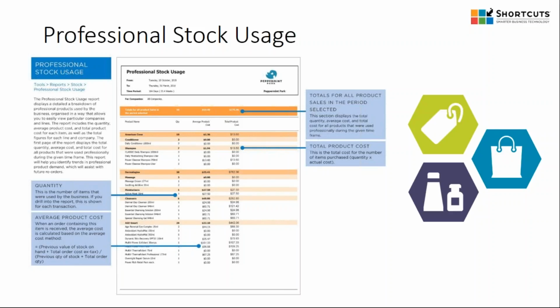The report includes the quantity, average product cost, and total product cost for each item, as well as the total figures for each line and company. The first page of the report displays the total quantity, average cost, and the total cost for all products that were used professionally during the given time frame. This report will help you identify trends in professional product demand, which will assist with future reorders.